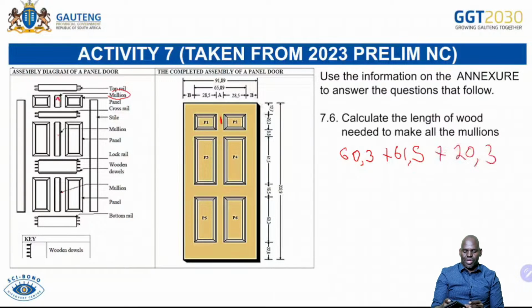So 60.3 plus 61.5 plus 20.3. Okay, let me double check. 60.3, which is this one, plus 61.5, and then plus 20.3.